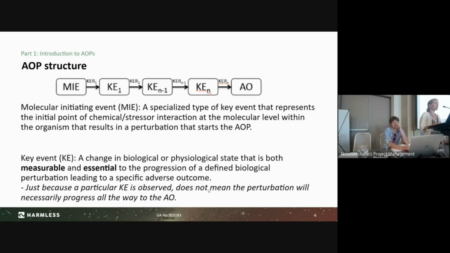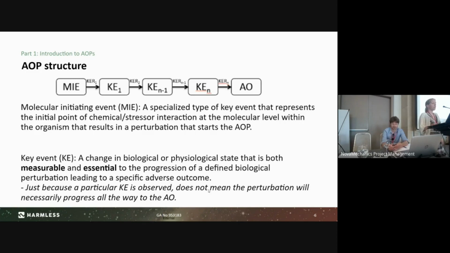Other big players are the key events. These are changes in biological and physiological states, and these have to be measurable and central to the progression of the defined biological perturbation, leading to the specific adverse outcome. So these are the main building blocks, and in the AOP wiki, the MIE and the adverse outcome are also key events, but they are more specialized.